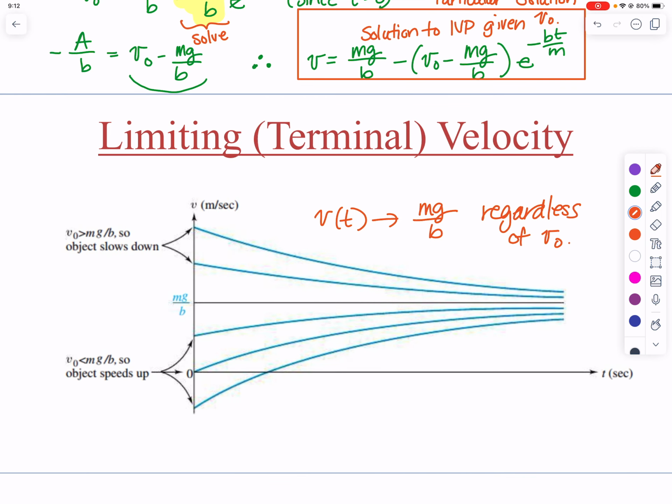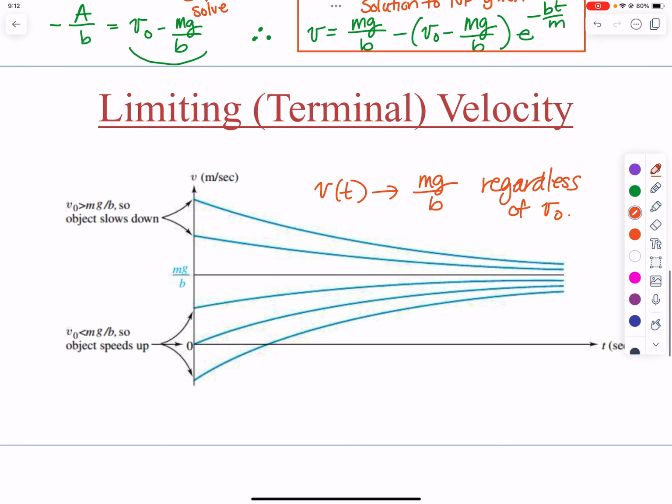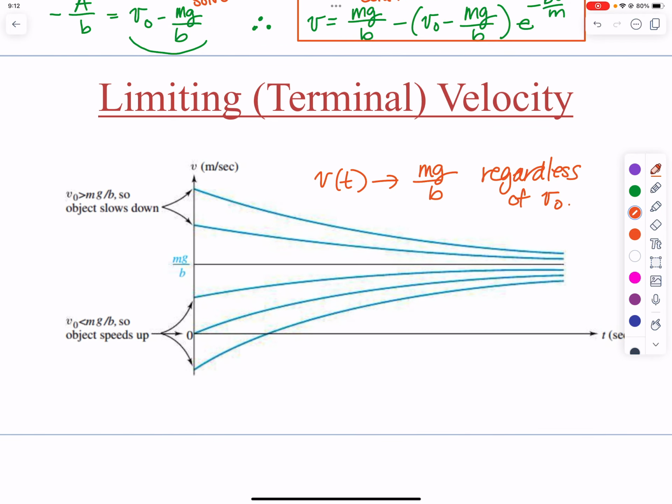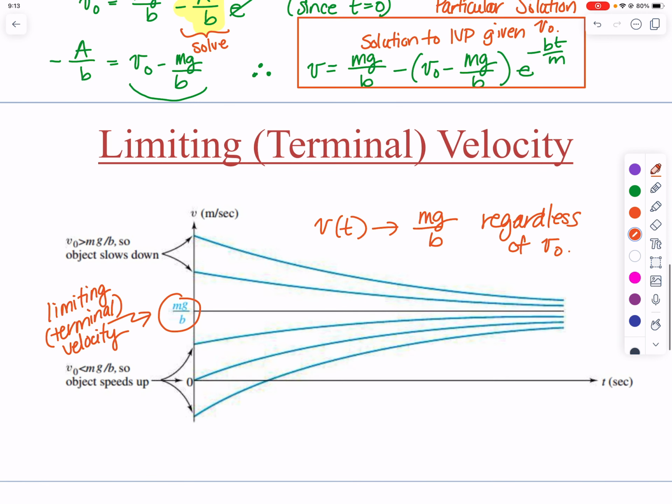So what we can do is call this constant mg over b the limiting, also known as terminal velocity. And that concludes this section.